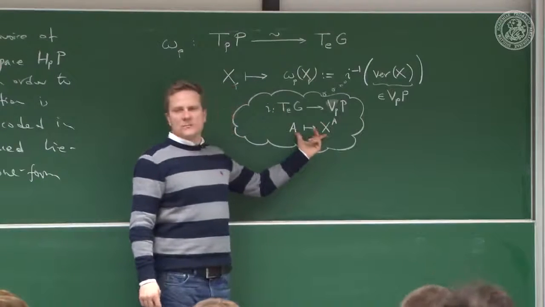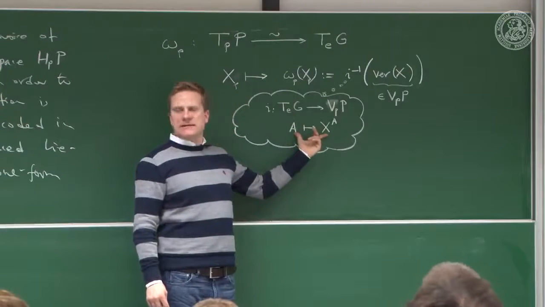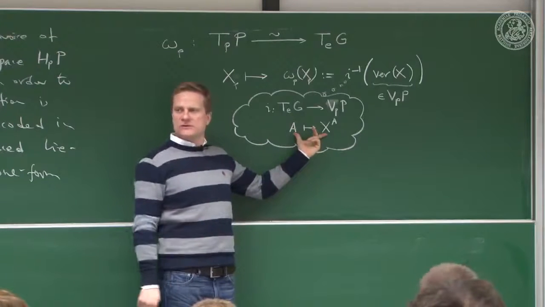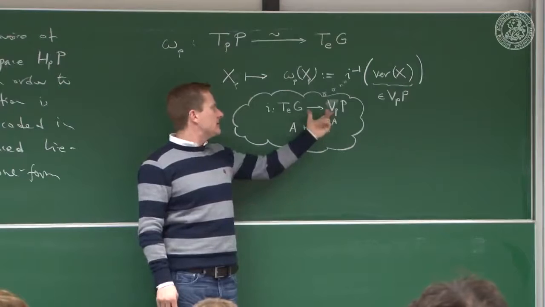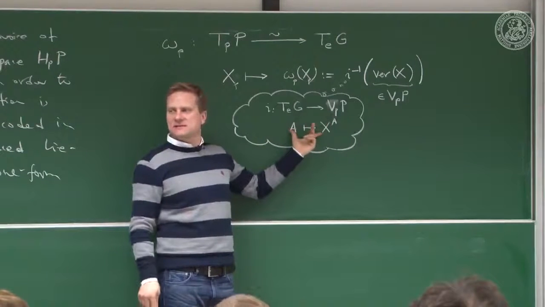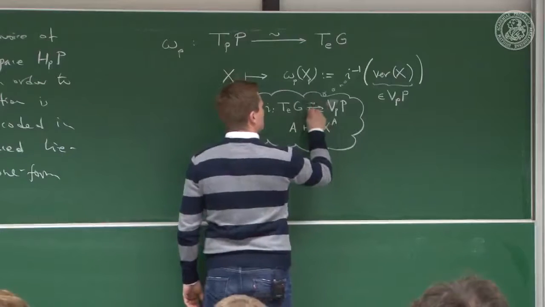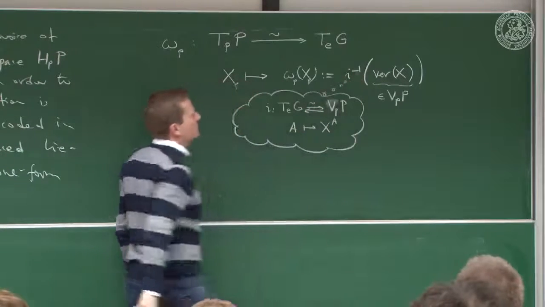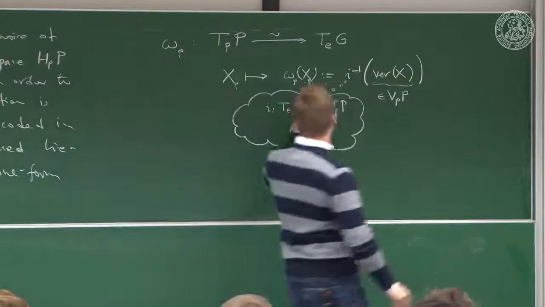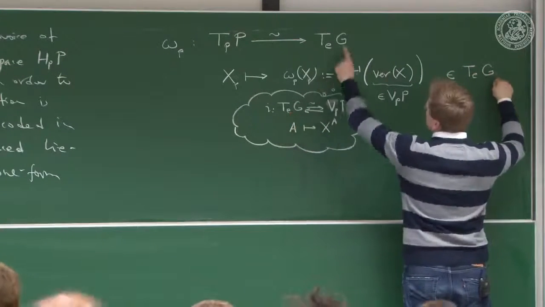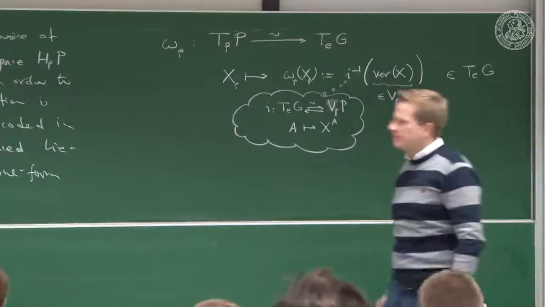Essentially why? Well, because our Lie algebra always maps diffeomorphically into a small region of any point of the Lie group, and the vertical fiber is the Lie group. So this is actually a vector space isomorphism, so you can go backwards, and that is what we're using here. What you therefore get is in the end an element of T_e G, which is precisely what we wanted.